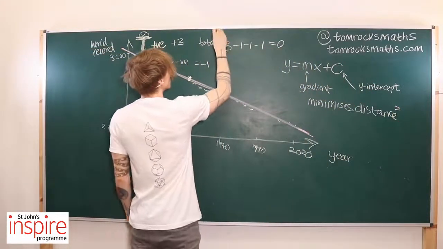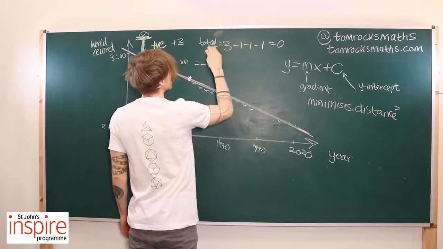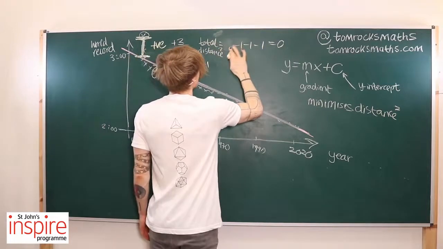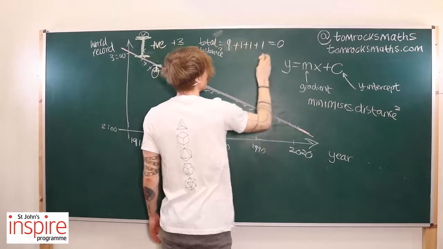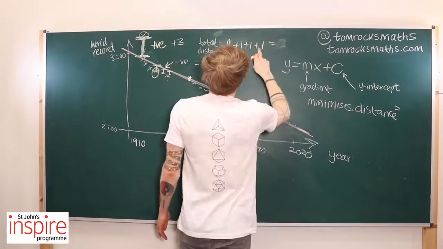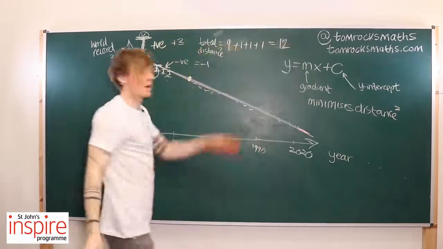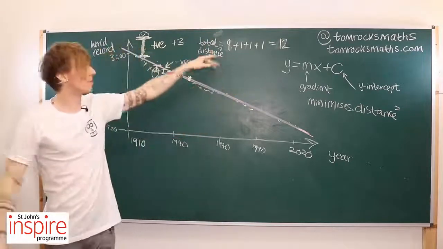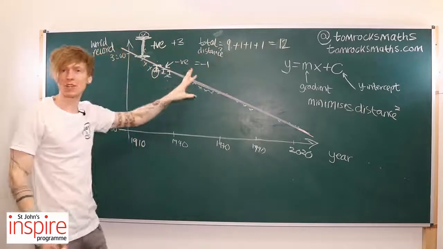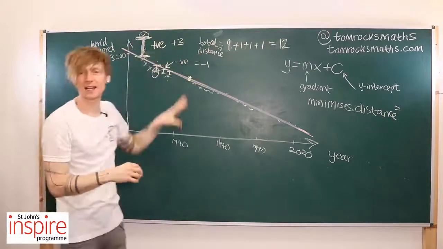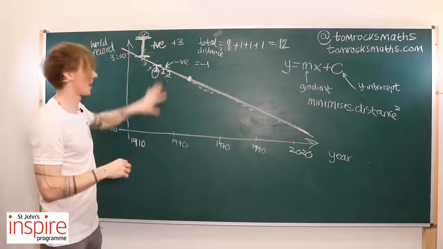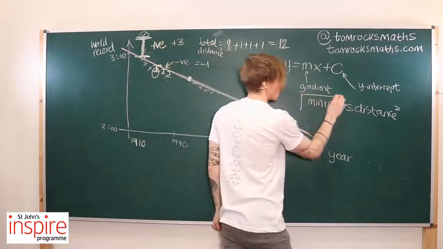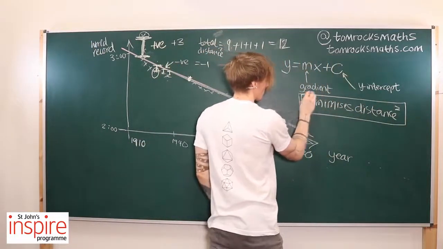So here, the total distance squared, I should say, would be 9 plus 1 plus 1 plus 1, and that's going to give me 12. So now we can see that all 4 points are away from the line. When you square them, it removes that change in sign, and it makes sure that what you're getting is something representative of whether or not the line passes through those points. So this is what a line of best fit does. It minimizes the distance squared.